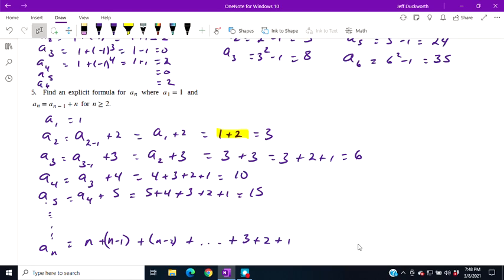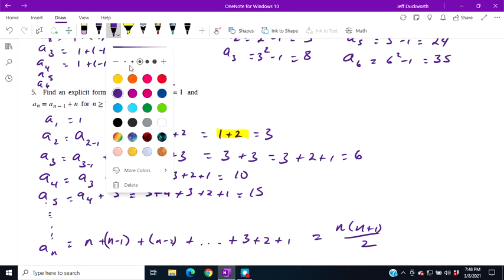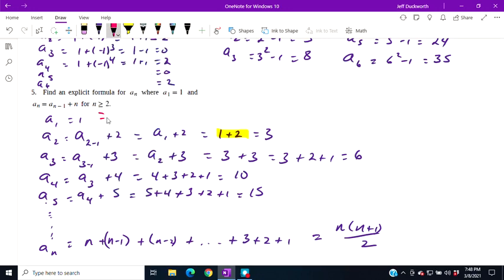So if we're just adding up, essentially it's just 1 plus 2 plus 3 plus 4 all the way up to whatever the n is. This is equivalent to n times n plus 1 over 2. So you notice here, let's do this in a different color. This is equal to 1 times 1 plus 1 over 2. Well, that's 2 over 2, which is 1.